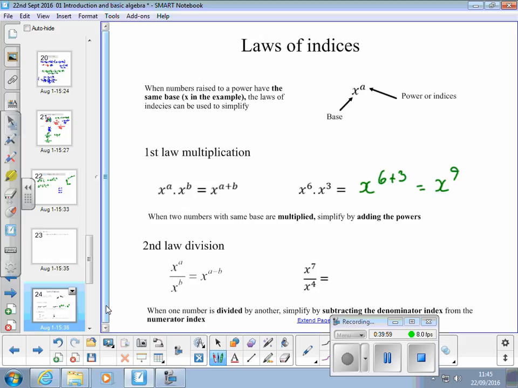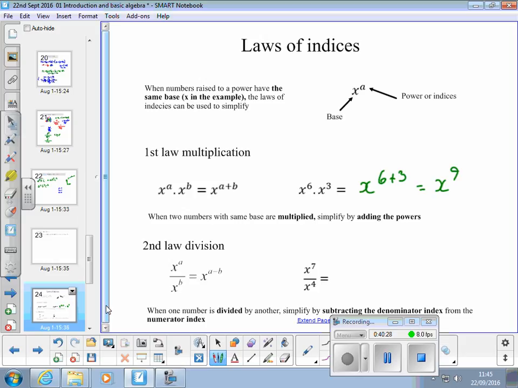Second law, division, where we've got x to the a divided by x to the b, and remember with division it's important that you deal with them the right way round. The result is x to the a minus b. It's the index of the denominator subtracted from the index of the numerator.